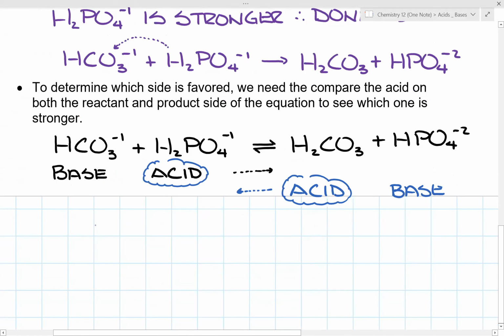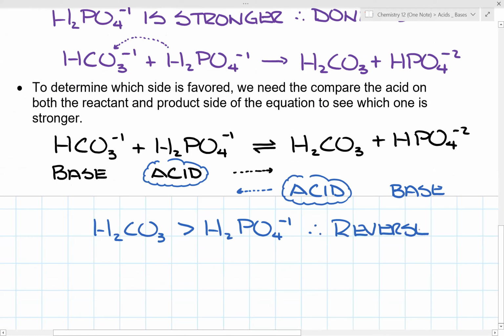H2CO3 is stronger than the H2PO4 minus 1. Therefore, the reverse reaction is favored.